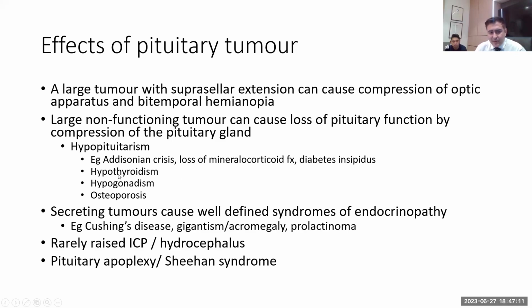Hypothyroidism can result because of loss of thyroid function, hypogonadism, loss of libido, loss of the menses, and infertility. And in advanced cases, because of lack of growth hormone production, we can lose bone density. And many patients with pituitary tumors that have been unrecognized develop osteoporosis of quite severe extent, especially affecting the spine.